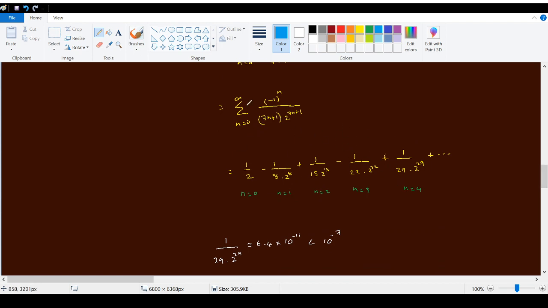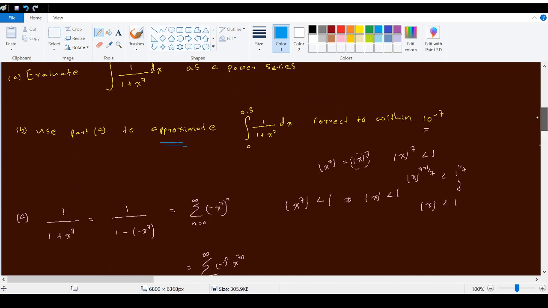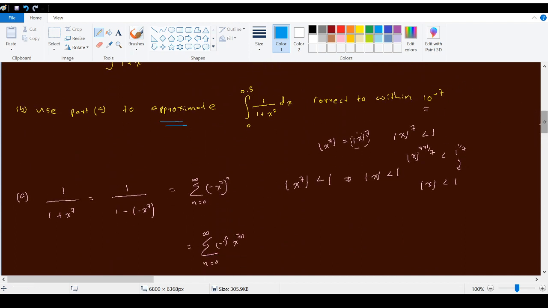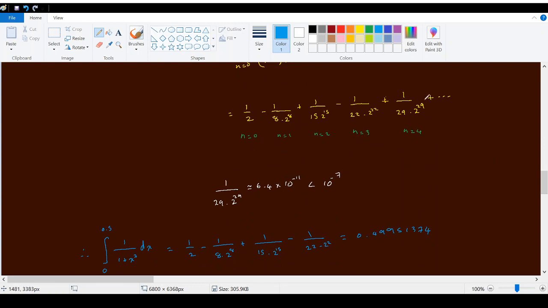So when you write down the terms of this series, you can see that these are the corresponding terms, and since the approximation is given as 10 to the power minus 7, you can see that this term is less than 10 to the power minus 7.